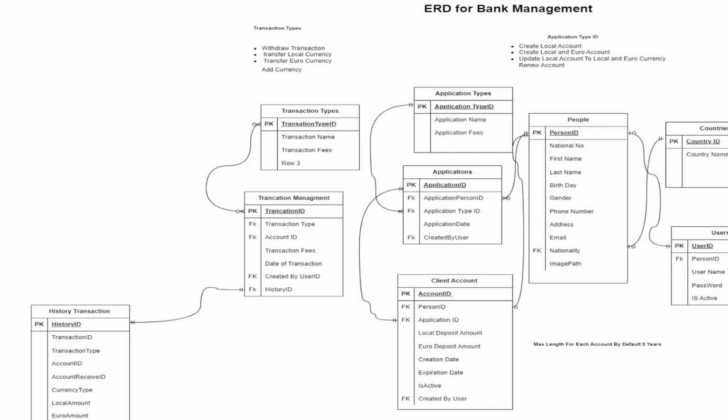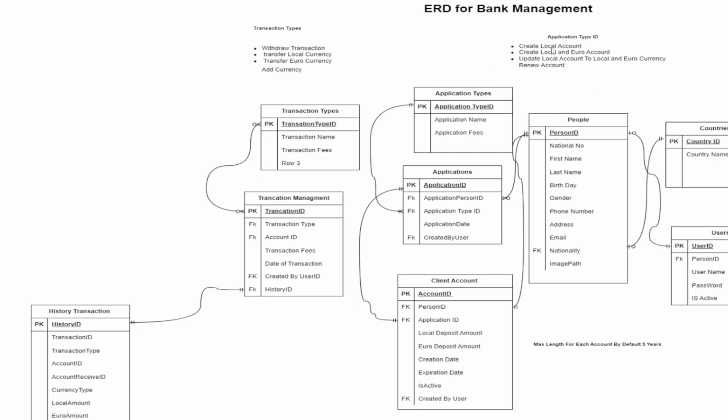The application type contains the name of the application and how much it takes in fees from the client. So we have four application types, and each application type takes fees.